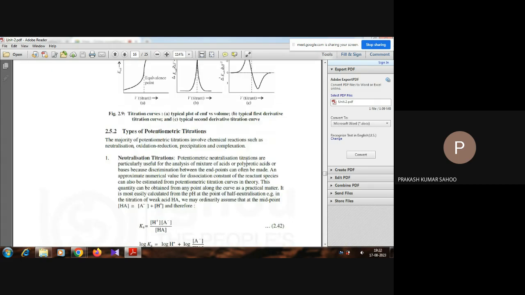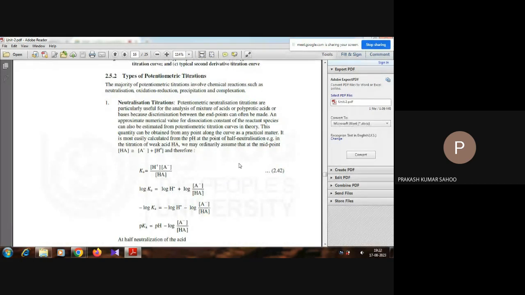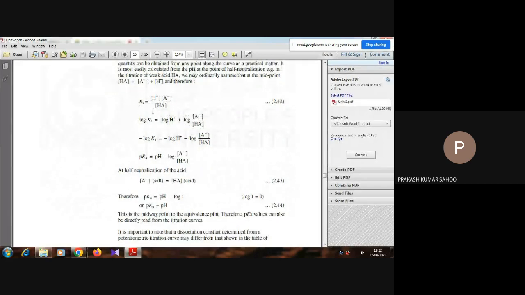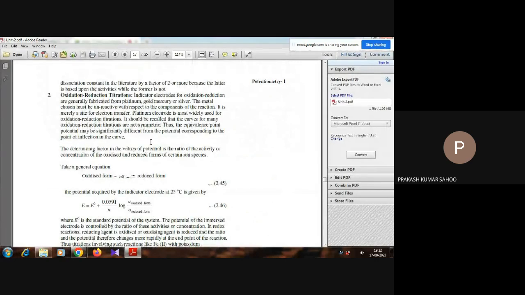Then types of potentiometric titration: we have neutralization, means acid-base titration, where we will use the Henderson equation, that is concentration of HA, A minus, HA, then by change in pH, how the dissociation constant or pK value will change. Then we have oxidation reduction reaction, means redox titration. Then precipitation titration, means precipitate will form, that is silver converted to silver chloride or silver iodide.